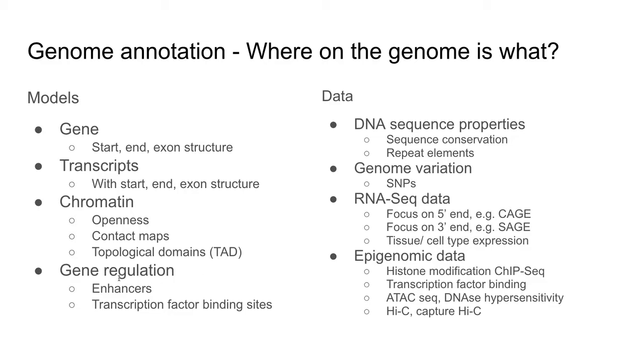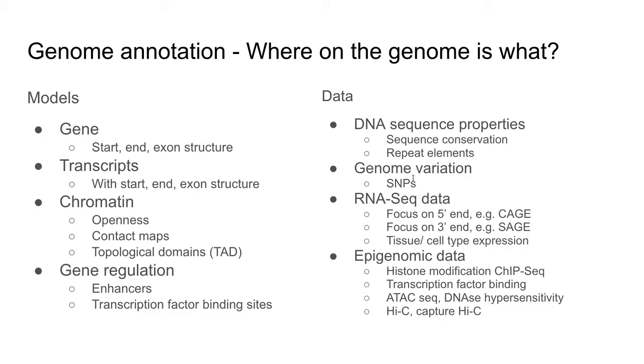You can put models about gene regulation, about how transcription factors would bind, or models of transcription factor binding sites, and about enhancers. You can display data itself. You saw some examples here of RNA sequencing data where you can focus on the 5' end or 3' end, or the whole transcript.